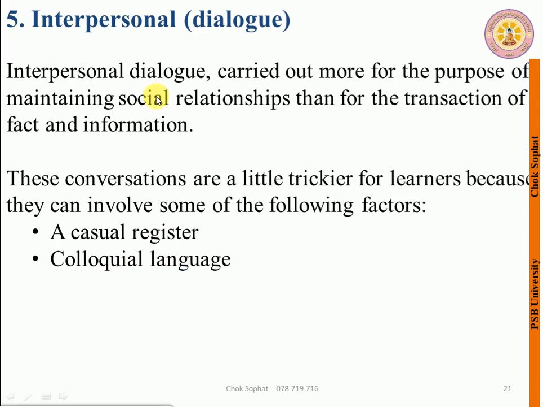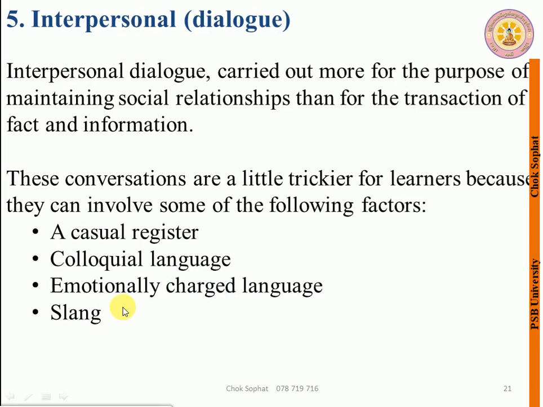So the dialogue can be in the form of colloquial language, emotionally charged language, and slang. Can we use slang?